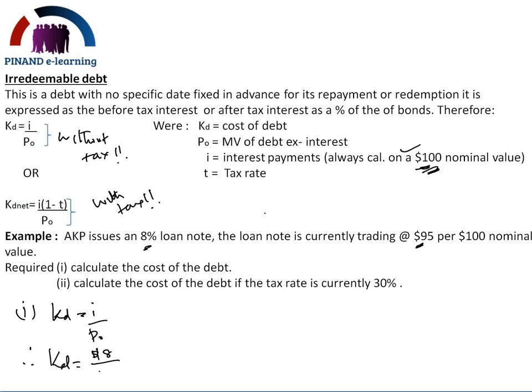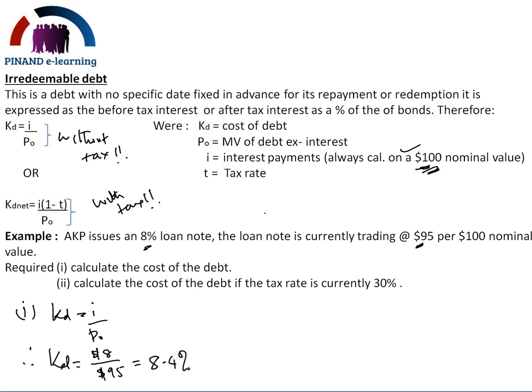Because they are silent, we assume it is ex interest. So just put the figure there, over $95, and that comes to cost of debt. Any cost of anything, cost of equity, cost of preference shares, is always expressed in percentage, and if we do that, this should give us approximately 8.4%.